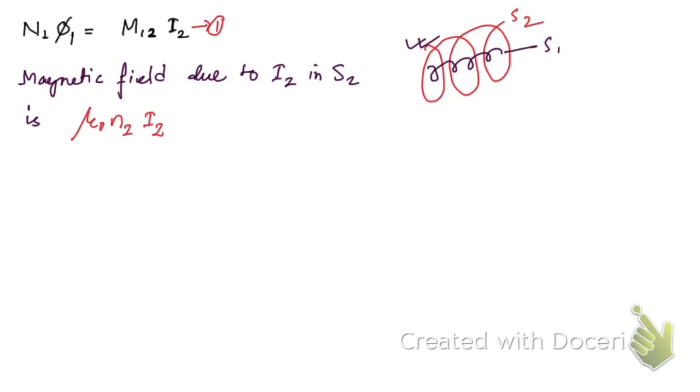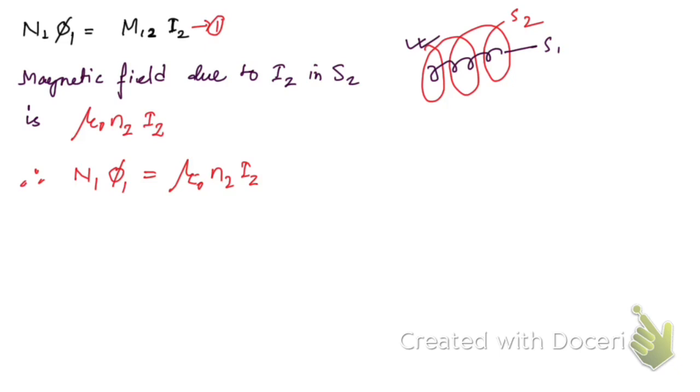And then you see, we know that flux is equal to magnetic field into area, right? So that's why N1 phi 1 can be written as the magnetic field, which is mu naught n2 into I2, and then the area.